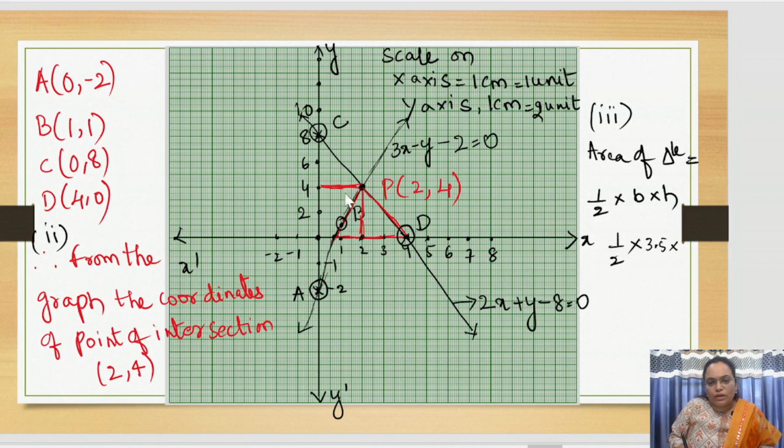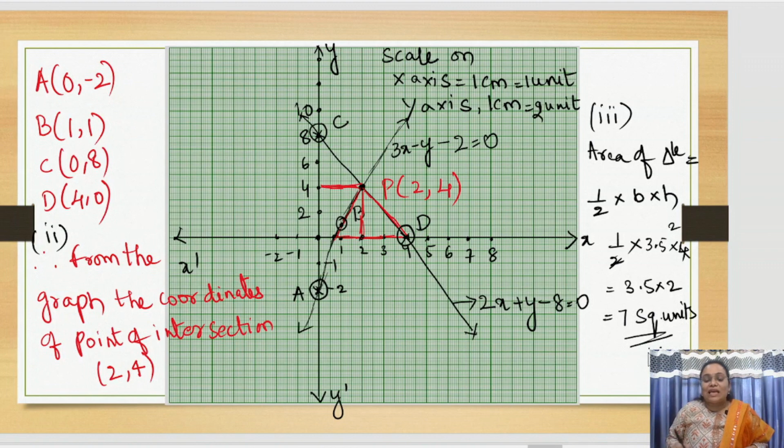From here to here. It is 4. Okay. 2 ones, 2 twos. 3.5 into 2 is 7. This is 7 square units. Okay. So, area of the triangle is 7 square units. Clear?